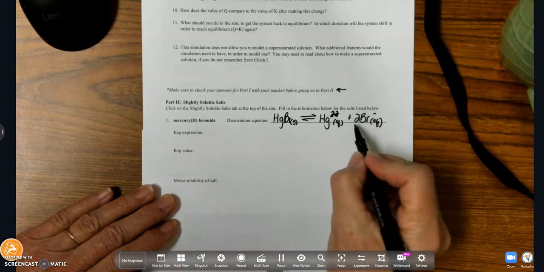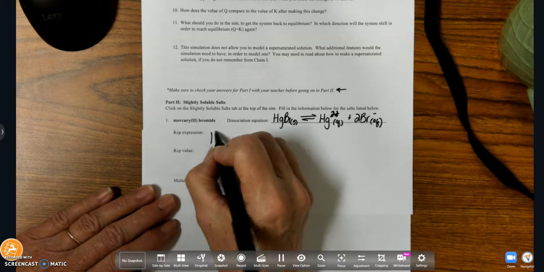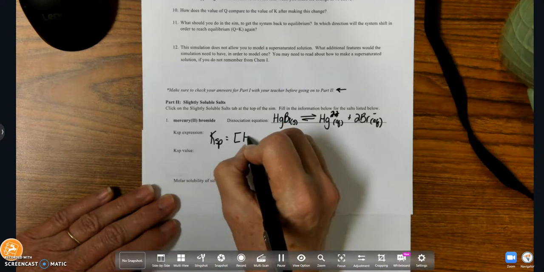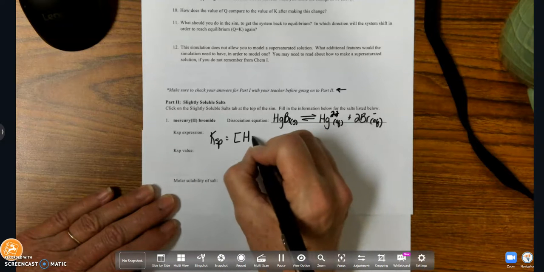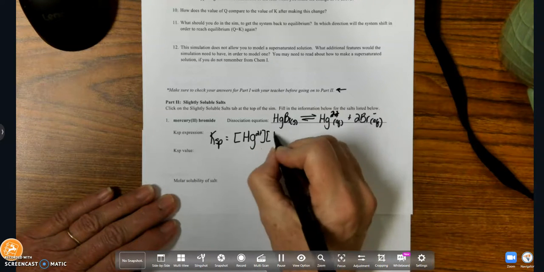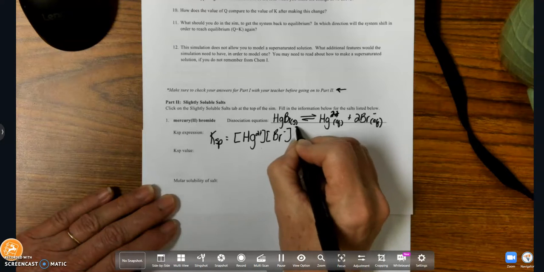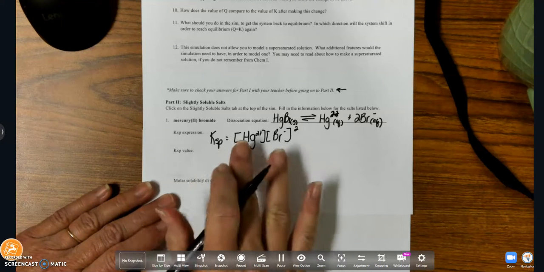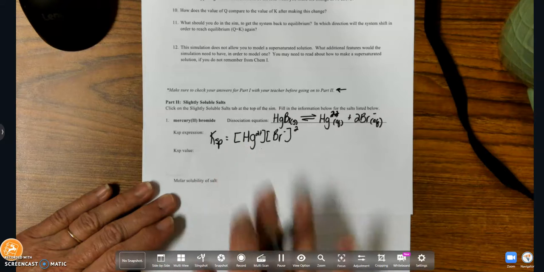My Ksp expression is going to be products over reactants, but in this case, remember, this is a solid, so we're not going to include it. And there's a 2 there, so that's going to be our squared, just like we always do. Okay, the first thing we're going to do is find our Ksp value.